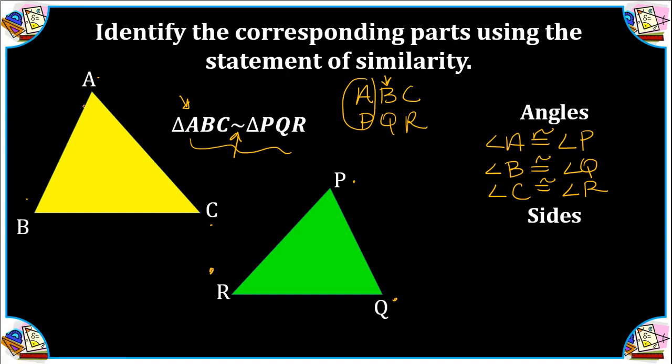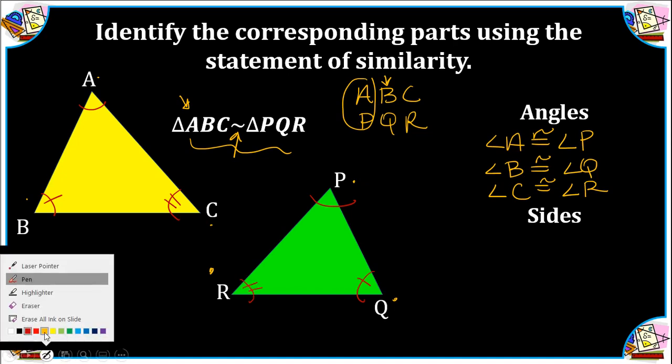We said A and P are congruent. We also have angle B and angle Q. These are congruent and they are corresponding. And then lastly, angle C and angle R are congruent.